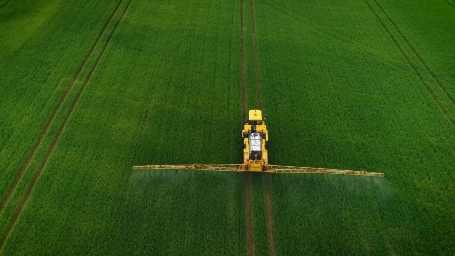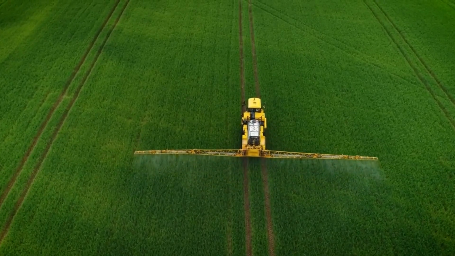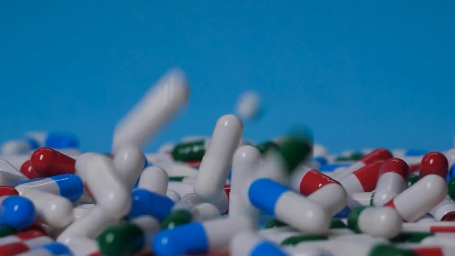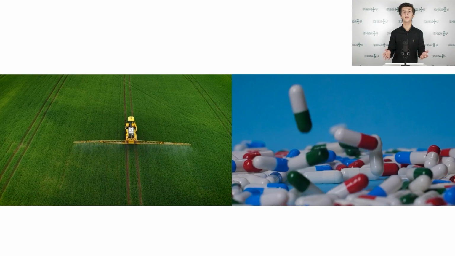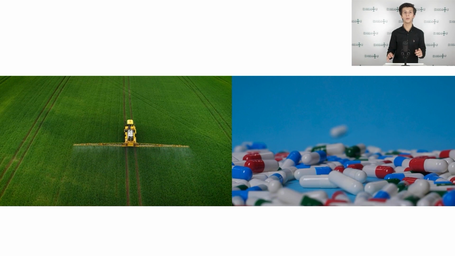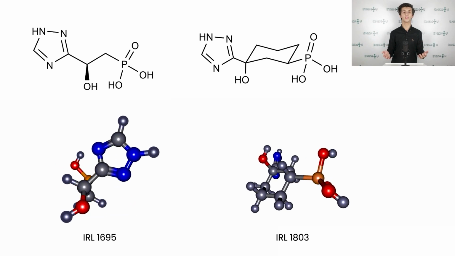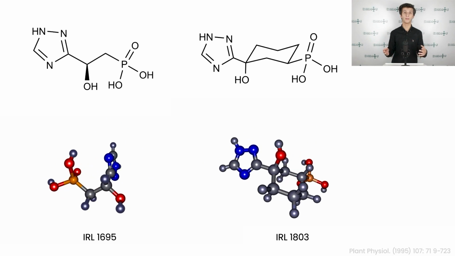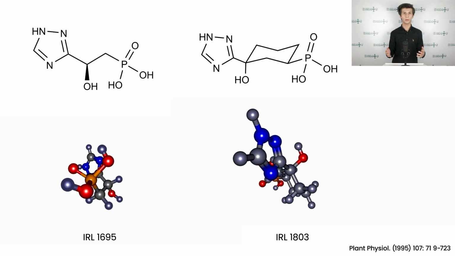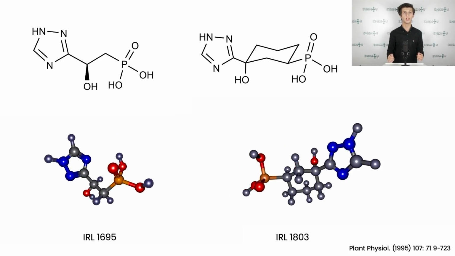Histidine biosynthesis is a target for herbicide and antibacterial agents, with imidazole glycerol phosphate dehydratase a key enzyme within this pathway. As a result, IGPD was the focus of inhibitor design programs with several potent herbicides in development. Some of the potent inhibitors, such as IRL 1695 and IRL 1803, are now presented on the slide.